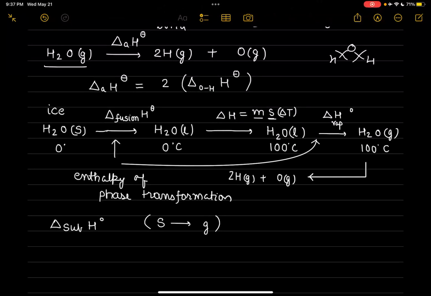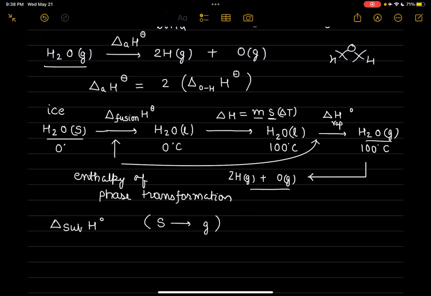But for bond dissociation enthalpy, you need the reactant in gas phase and the atoms should also be in the gas phase, because atoms can exist only in the gas phase. If I give energy to ice, this is not the bond dissociation enthalpy, because first the bonds are not going to break. First, the ice is going to melt. If I want the bond energies, I need to take the reactant in gas phase.